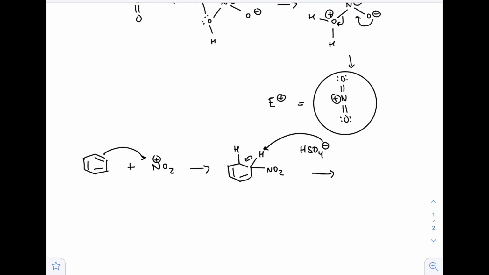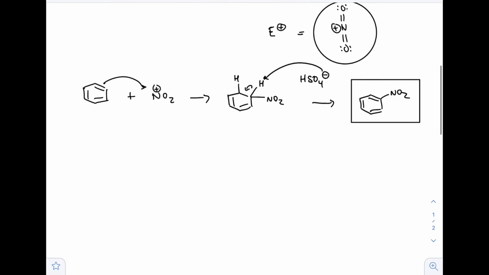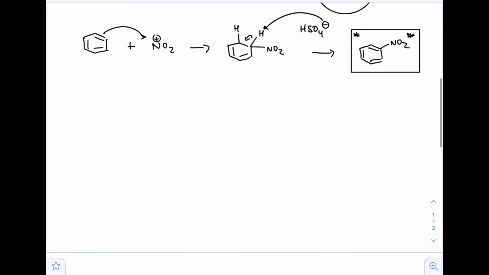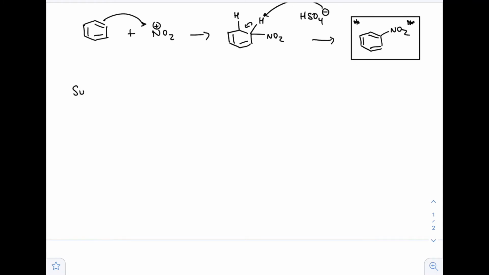After we deprotonate that hydrogen with the conjugate base of sulfuric acid, we can reestablish aromaticity and we get our nitrobenzene. Okay, that's pretty much the same mechanism as before, right? Very straightforward. The base changed up, and then of course our electrophile changed up, and that's the tricky part, remembering how to form that electrophile with sulfuric acid and nitric acid.